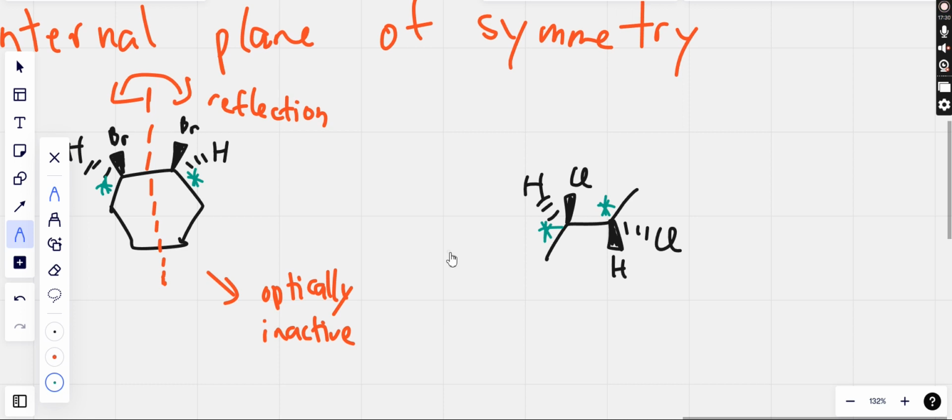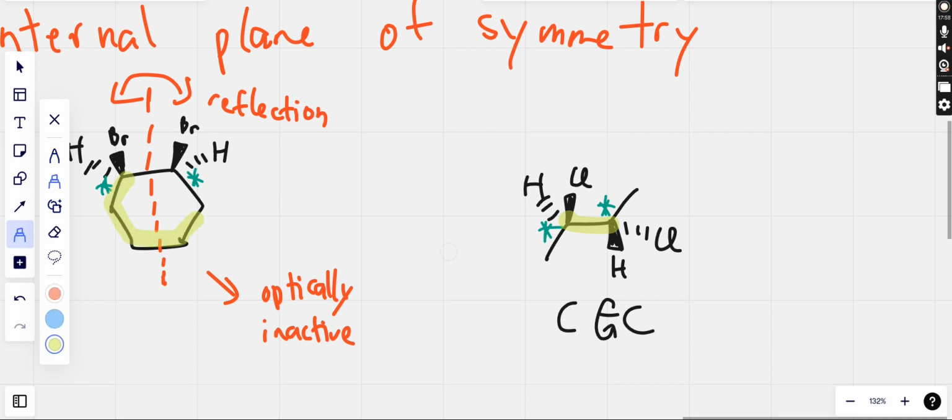You can actually rotate this carbon bond, because it is a C single bond C. But in this case, the ring formation restricts bond rotation, hence you can't rotate it.